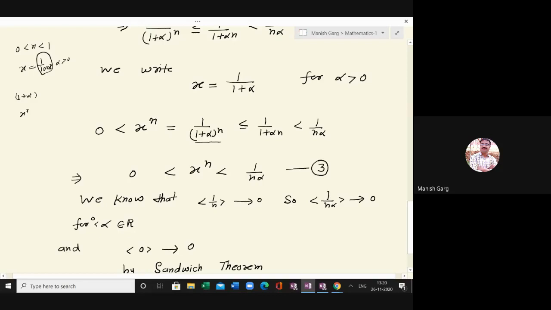If you write in this way, 1 plus alpha over n, now I get the idea. This is the binomial expansion, and he tried to apply the binomial from here. Clear? So I think from here you can get the idea.